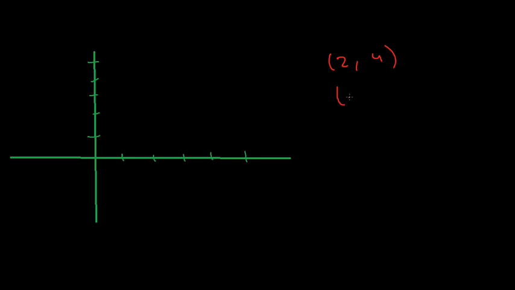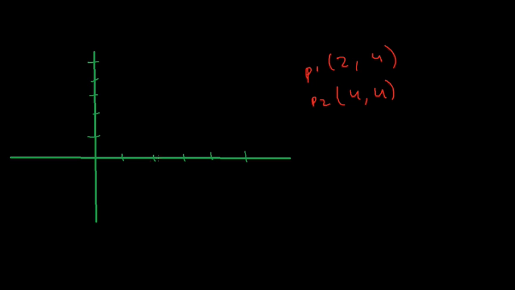So another graph. 1, 2, 3, 4, 5. 1, 2, 3, 4, 5. And let's make up some points. Let's say 2, 4, and 4, 4. So this will be our first point and this will be our second point.